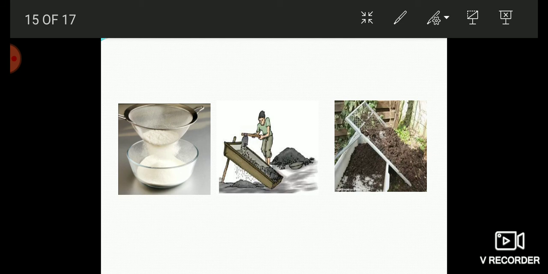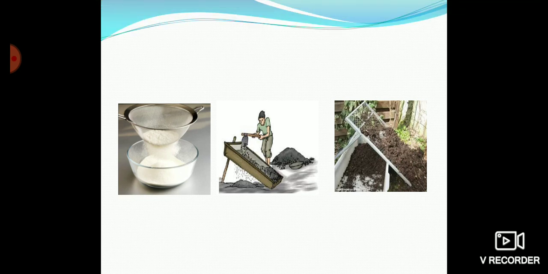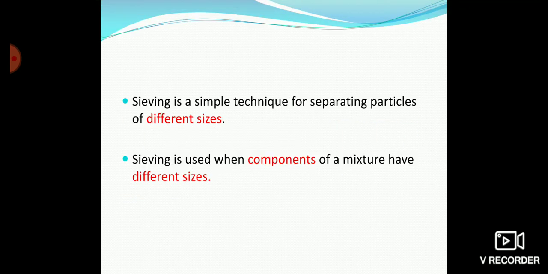And in the third, the sieve is being used to separate soil from larger stone particles. So this is the method of sieving. Sieving is a simple technique for separating particles of different sizes. Sieving is used when components of a mixture have different sizes.